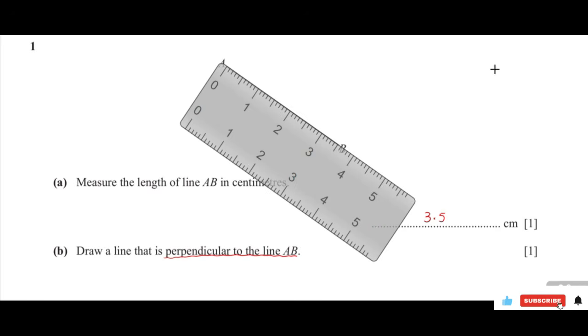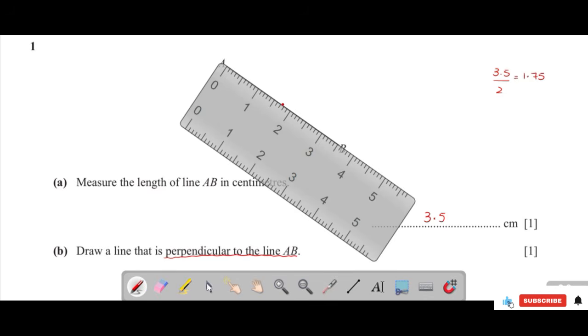If I do 3.5 divided by 2 on calculator, its half is 1.75. So whenever you need to find the perpendicular of some line, you have to find out the midpoint of that line first.